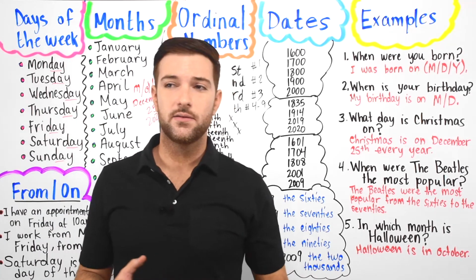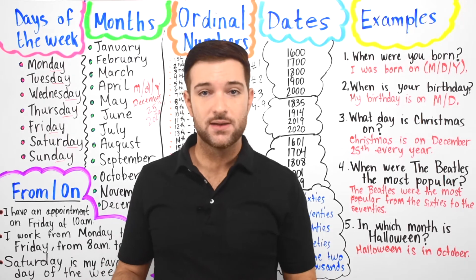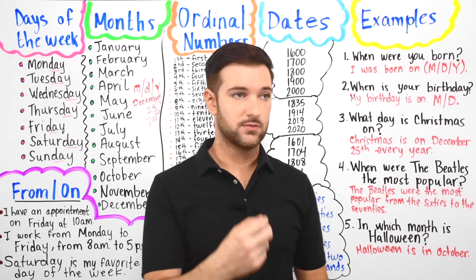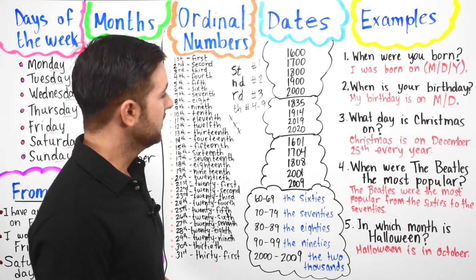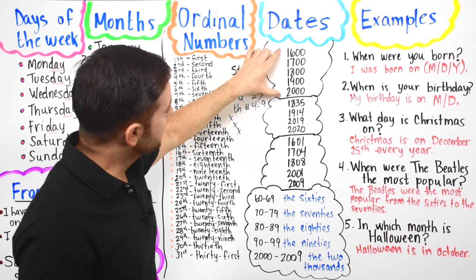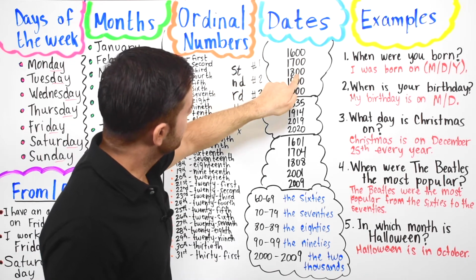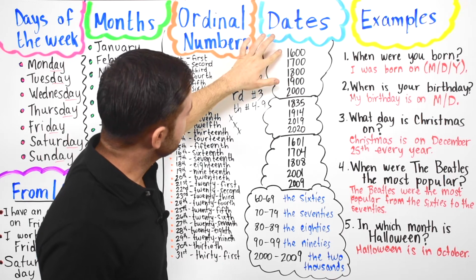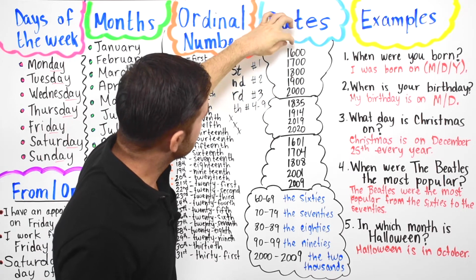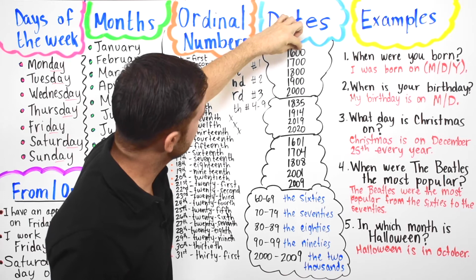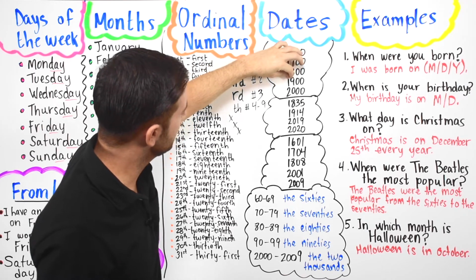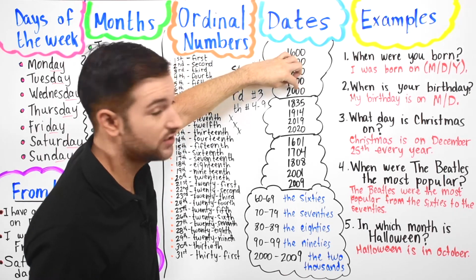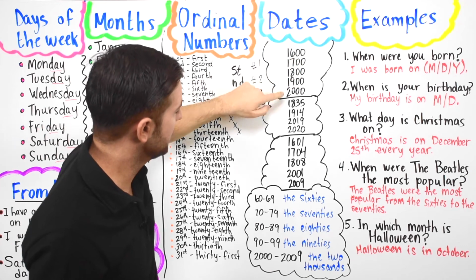Most years are then separated into two numbers. So, for example, here it's easy because we have 0, 0. So we just say 16 and then 0, 0 is 100. So 1600, 1700, 1800, 1900. This is 2000. It's a little different, 2000.